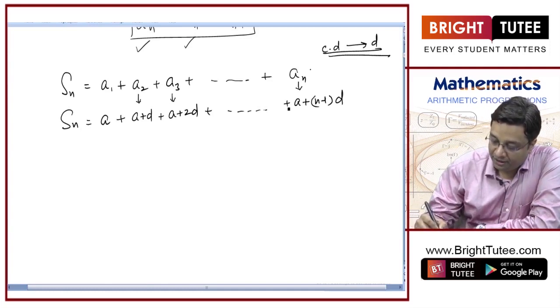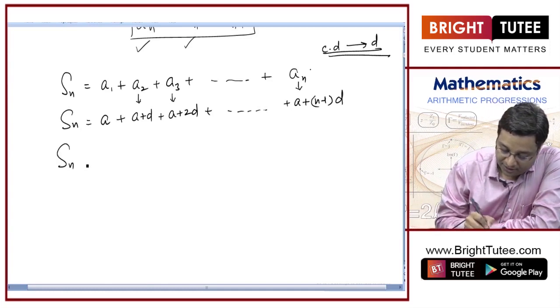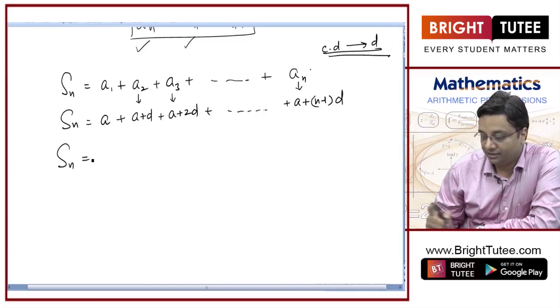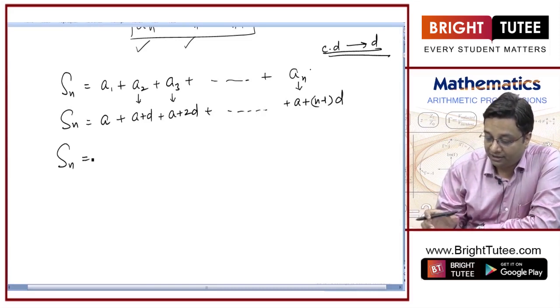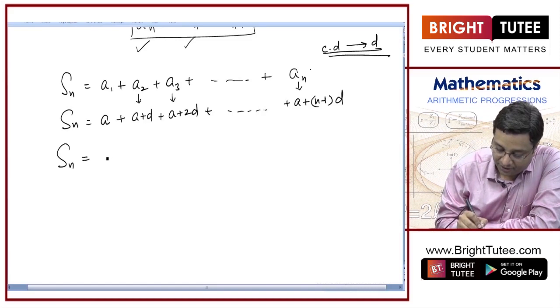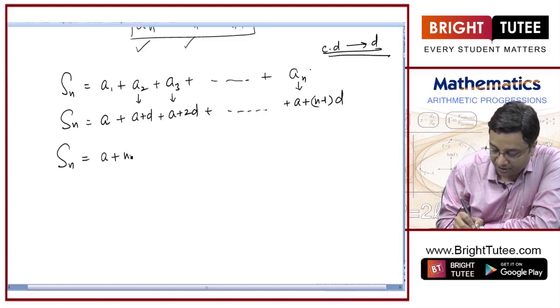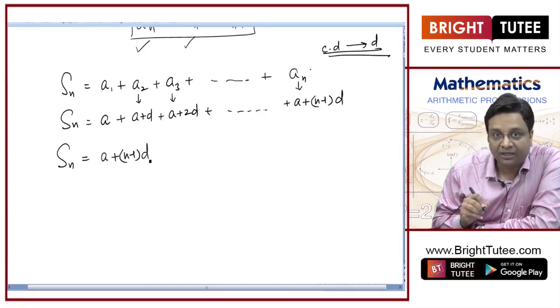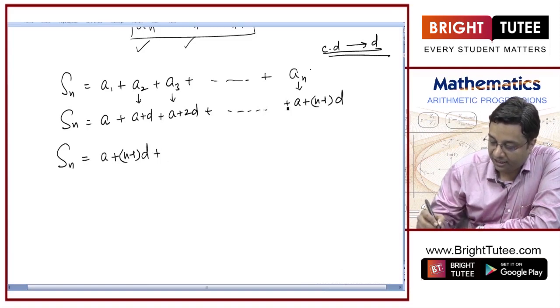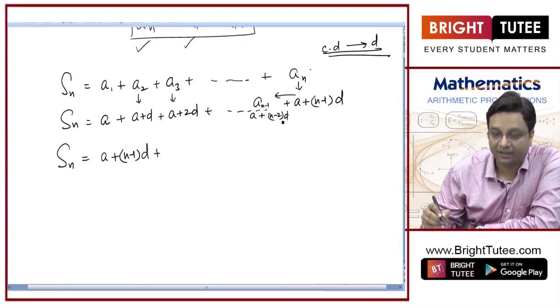Now to find this sum, I'll tell you one trick. If I write this sum the other way round, it won't make any difference to this expression, right? The last term is a plus (n minus 1) into d. What was the second last term before this? It was a(n minus 1), which is equal to a plus (n minus 2) into d, right?